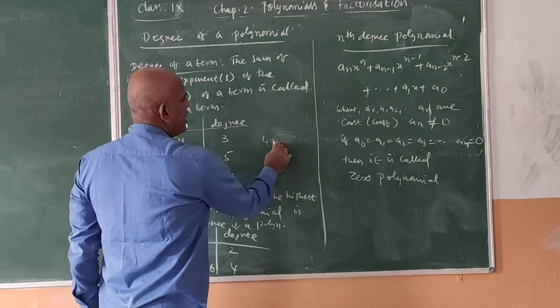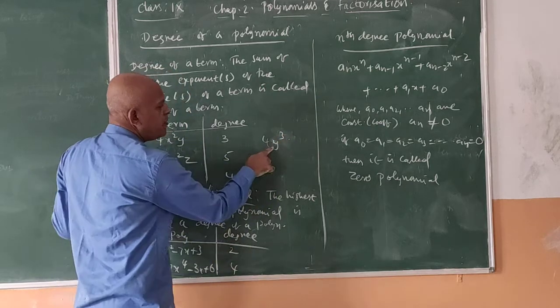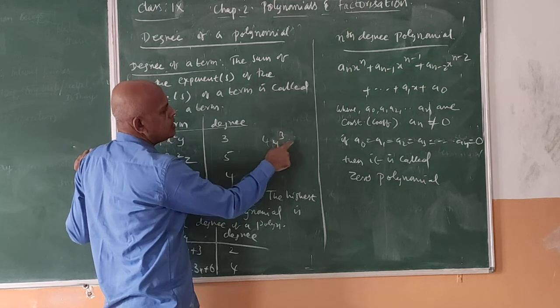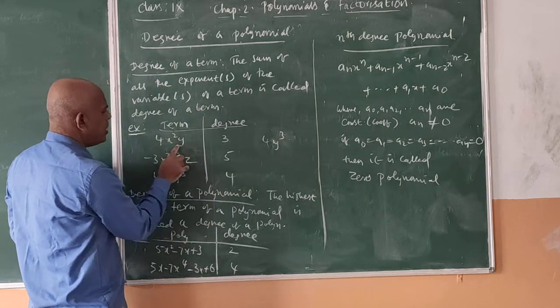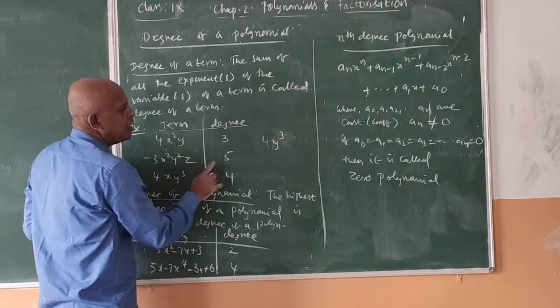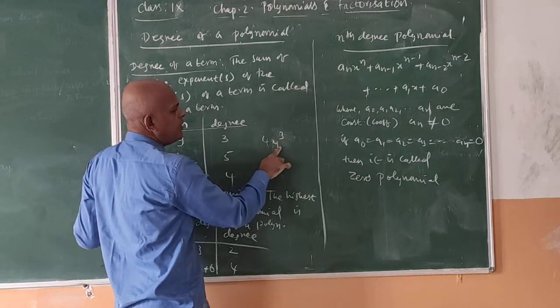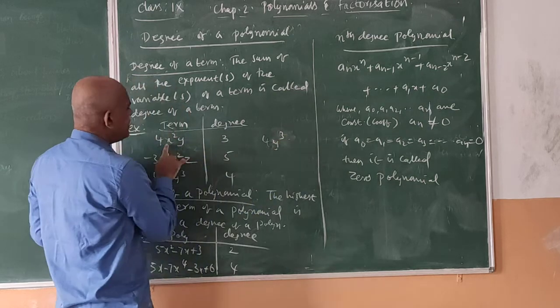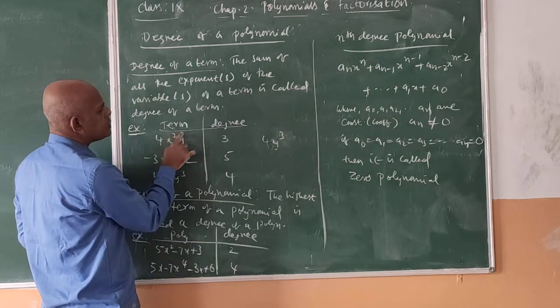2. For example, if I write 4y cube, here only one variable, its power is what? 3. So the degree of the term is 3. Whereas here there are two variables, here three variables, here two variables. If it contains only one variable, the power of that variable is the degree of the term. If it contains two variables, then we have to add the exponents of the variables.